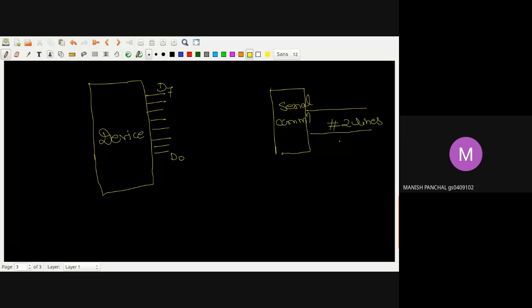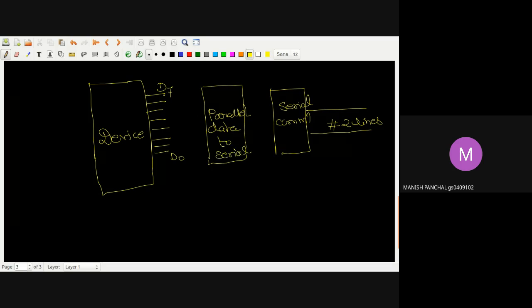Now coming to the point: my data is available, D0 to D7. So obviously I have to convert that parallel data to serial data, and then finally I will send it.